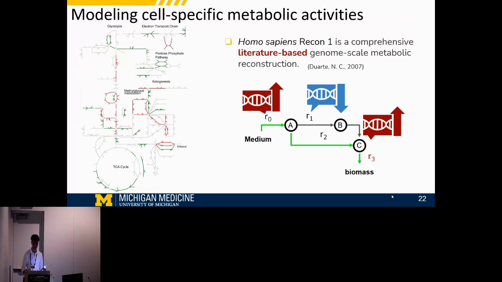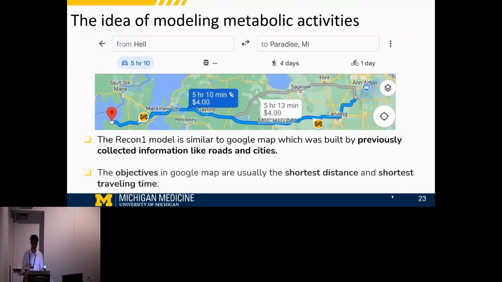The RECON1 model is similar to Google Maps, which was built from previously collected information like roads and cities. And we can always find the best route by setting a destination to a location. Like there's a destination from Hell to Paradise in Michigan. The basic Google Map suggests the best route to go to Paradise. And we found the objective in Google Maps is usually the shortest distance and the shortest traveling time.